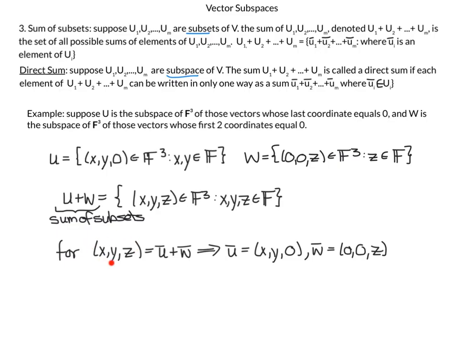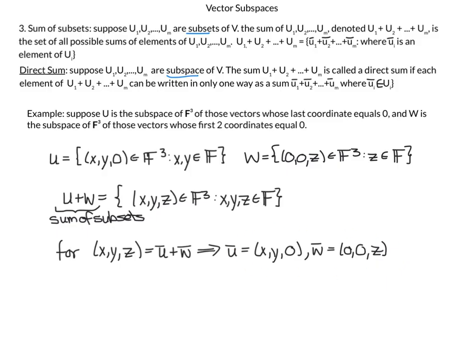Now, if someone gave me a vector x, y, z, and asked what were the vector from the set U and the vector from the set W, I could figure that out, because there's a vector from U and a vector from W that get added together. The vector from U is the x, y, 0 vector, and the vector from W is the 0, 0, z vector.